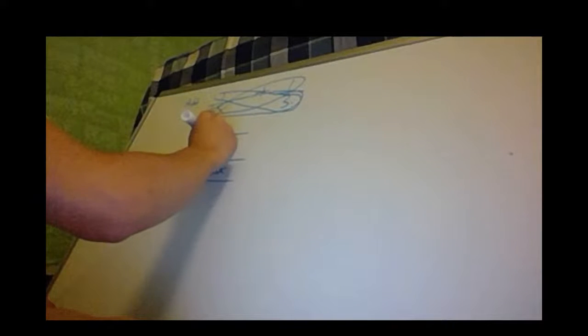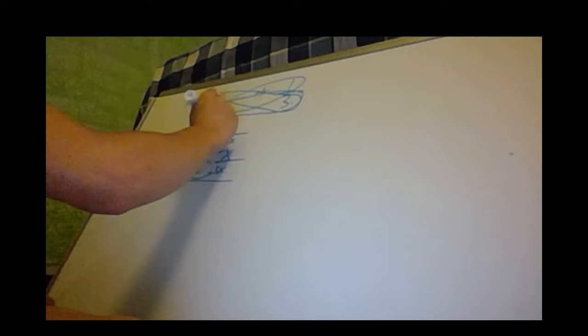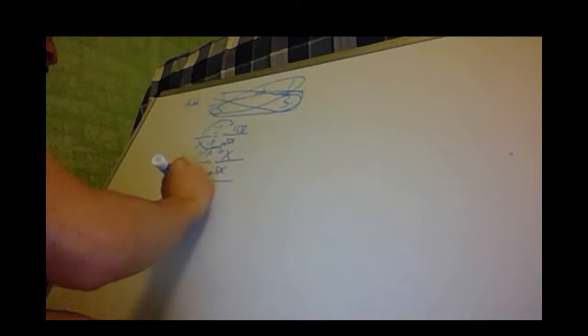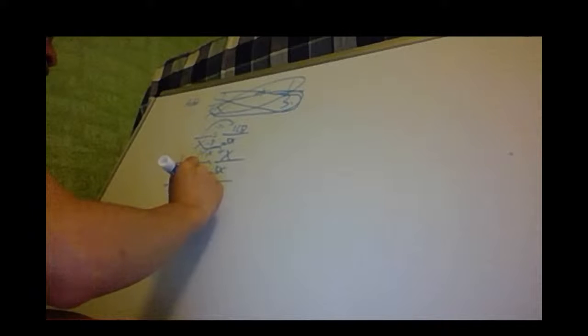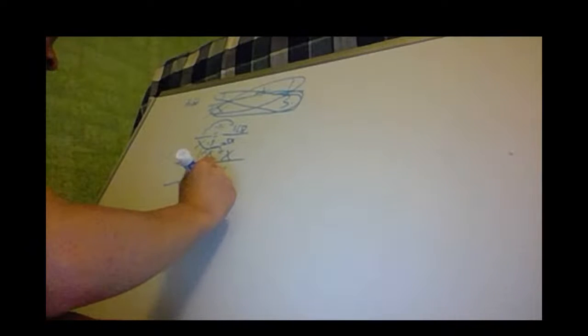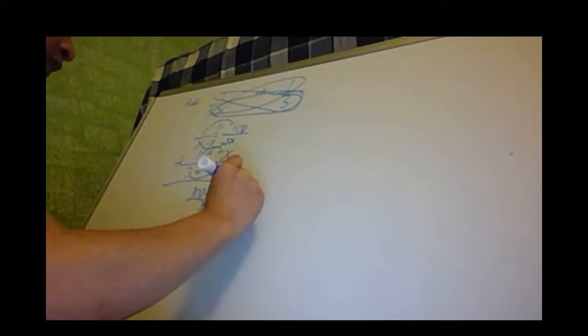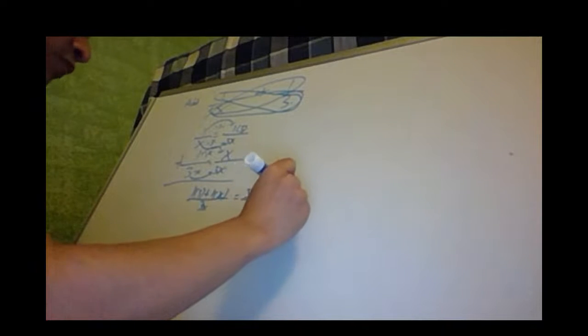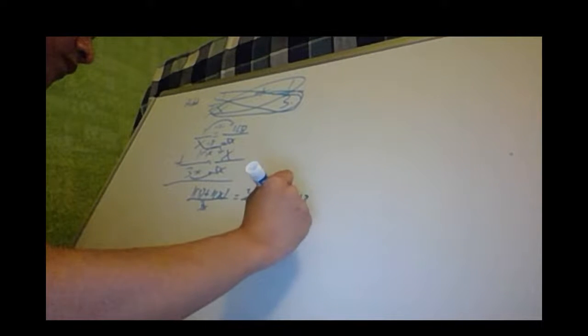Then I go from x to 3x, I go times 3, and what I do to the bottom, I do to the top, so 1 times 3 plus 1 times x all over 3x, and this just gives me 3 plus x over 3x. So then this is just equal to x plus 3 over 3x.